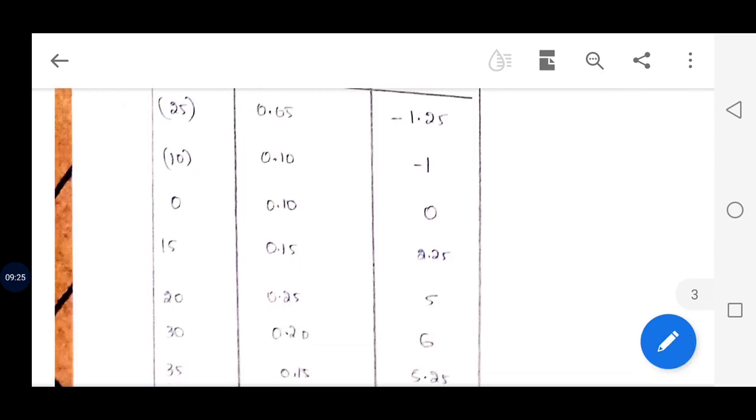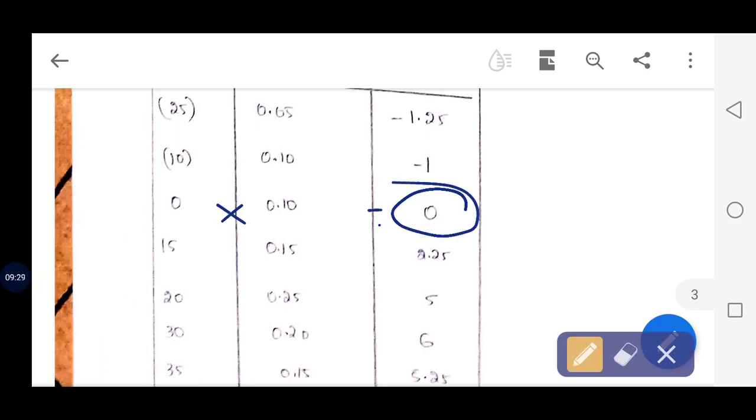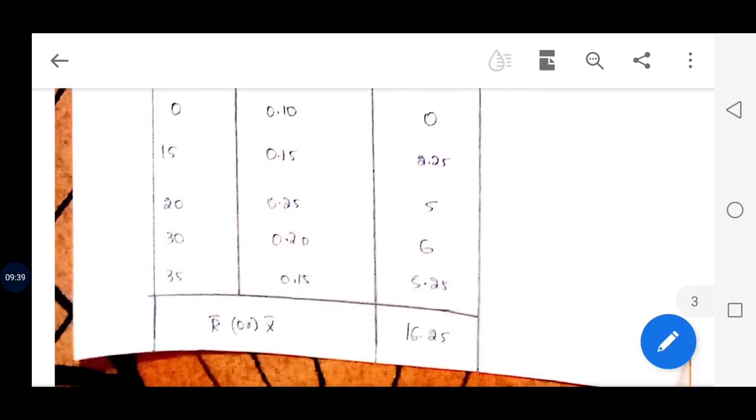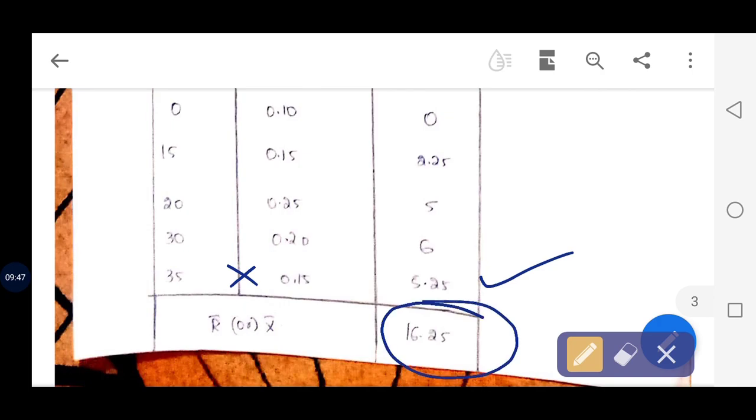Next 0, if you multiply 0 with any value it will be 0 only. Next 15 into 0.15 is 2.25, 20 into 0.25 is 5, 30 into 0.20 is 6, and last is 35 into 0.15, that is 5.25. So the total is 16.25.